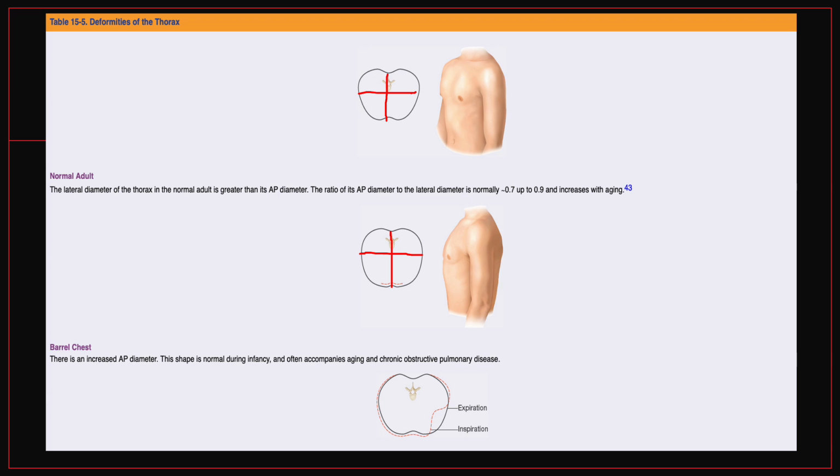The next one down here is a flail chest, signifying injury to the chest wall and potential pneumothorax. So if we had a traumatic situation and we start to see this deformity, we're going to immediately think that the lung under here is probably injured.